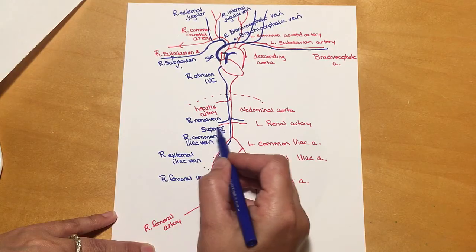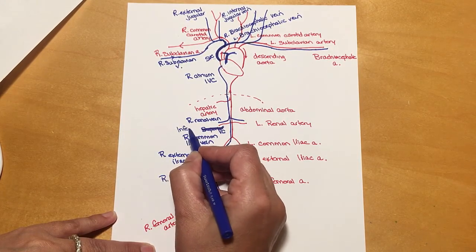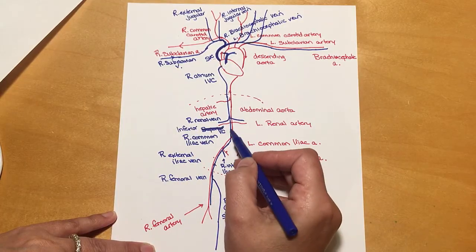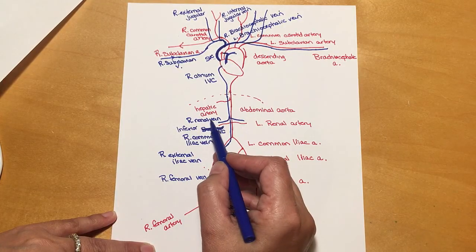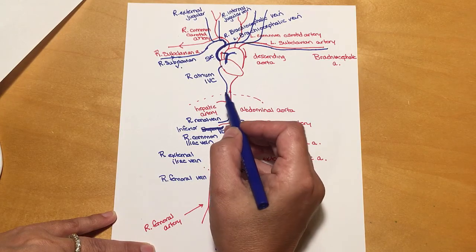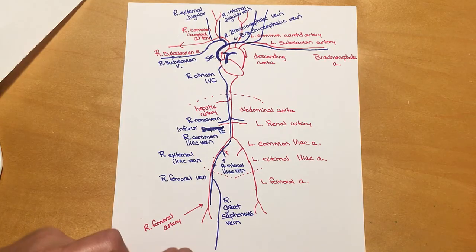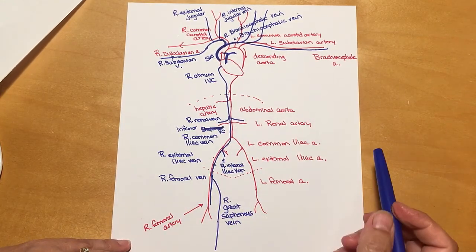Oh, this is superior, shoot. That's inferior vena cava. Ugh, inferior vena cava. Past the right and left renal veins, up through the diaphragm into the right atrium on the inferior vena cava.